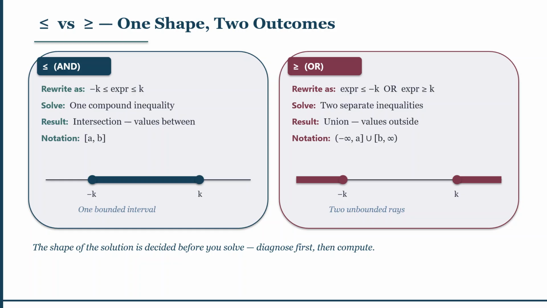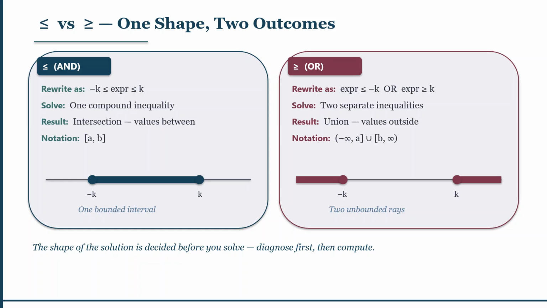On the right, greater than or equal to. The key word is or. You rewrite as two separate inequalities. The expression is less than or equal to negative k, or the expression is greater than or equal to k. The solution is two unbounded rays shooting outward in opposite directions. The shapes are complements.